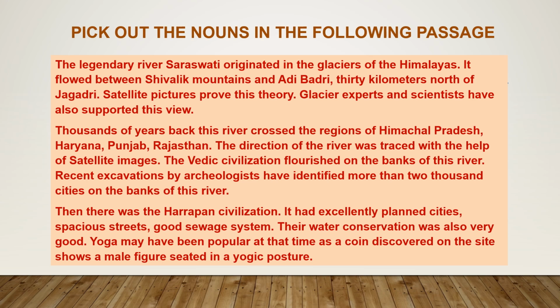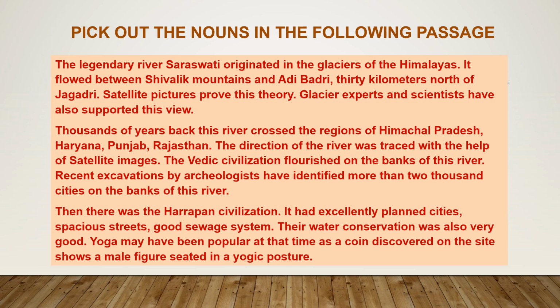Satellite pictures prove this theory. Glacier experts and scientists have also supported this view. Thousands of years back, this river crossed the regions of Himachal Pradesh, Haryana, Punjab, Rajasthan.